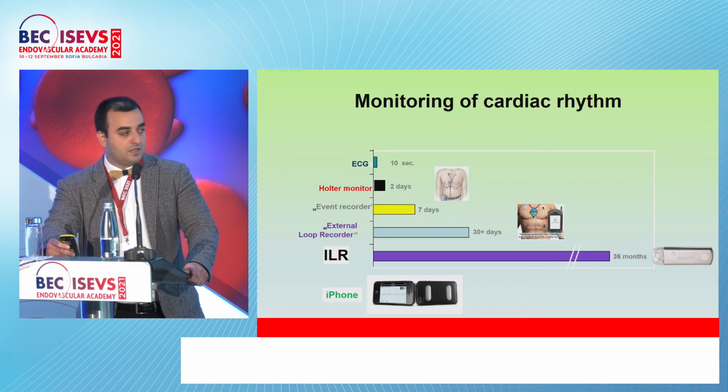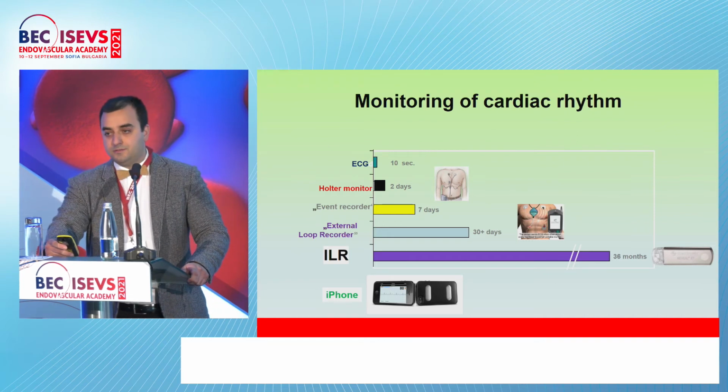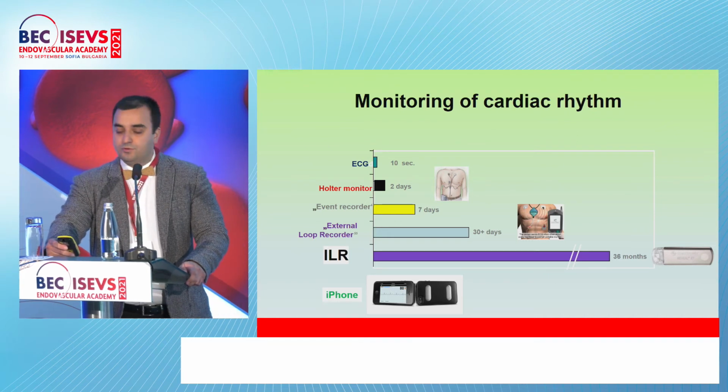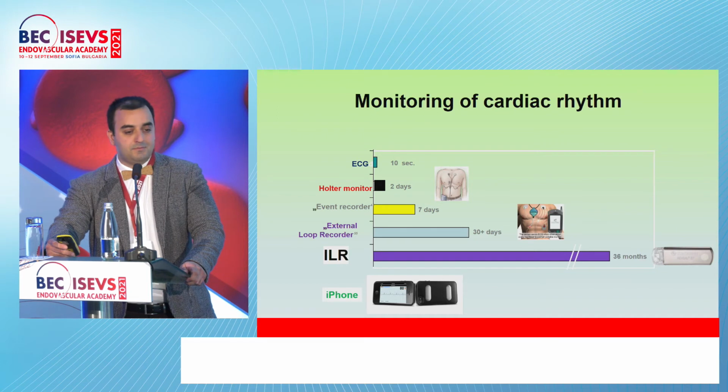which we can use. The first one is the external loop recorder, but we can use this continuous recording until 30 days. And the other more powerful and really useful tool is the implantable loop recorder. We can implant this really small device, and we can have continuous monitoring, really stable, with a lot of information until 36 months.